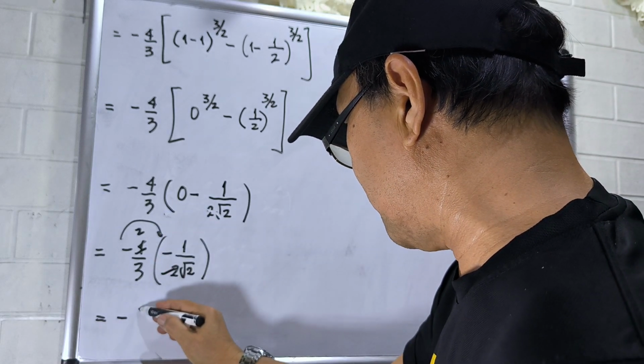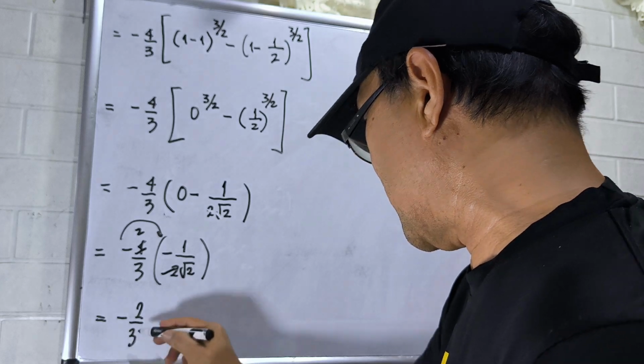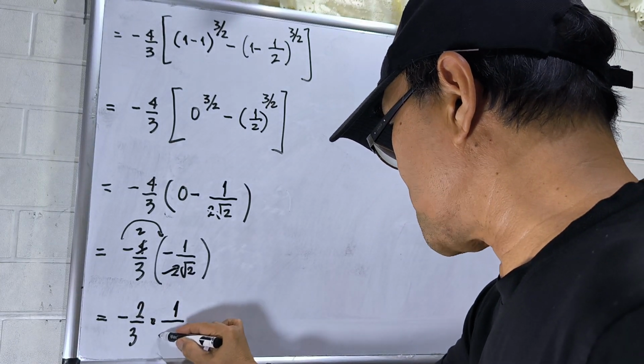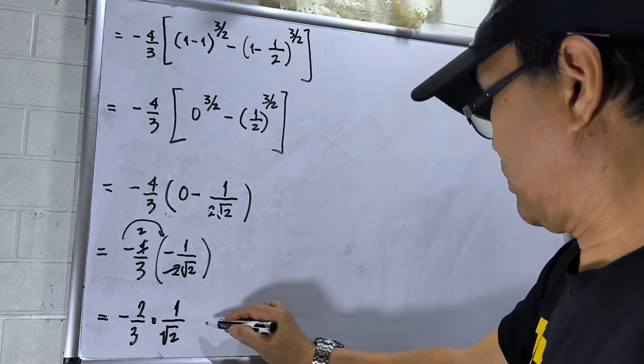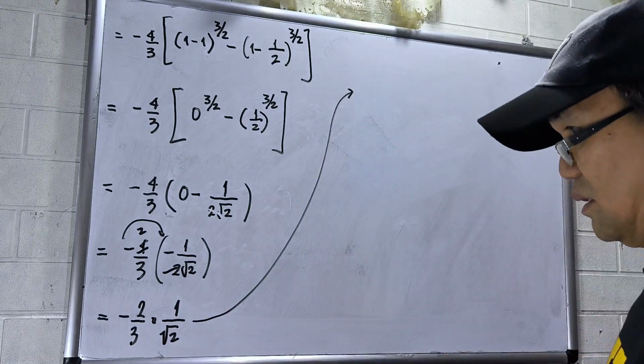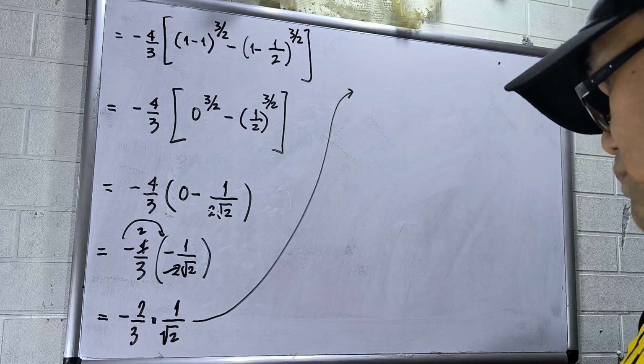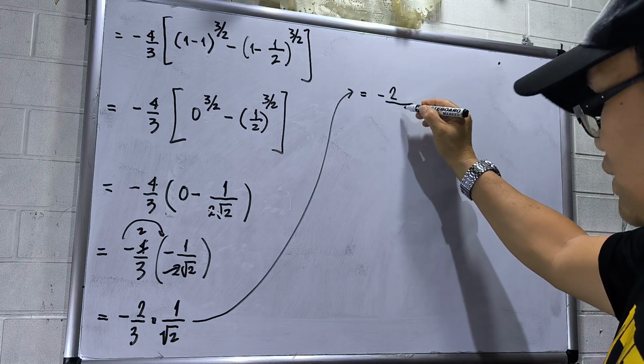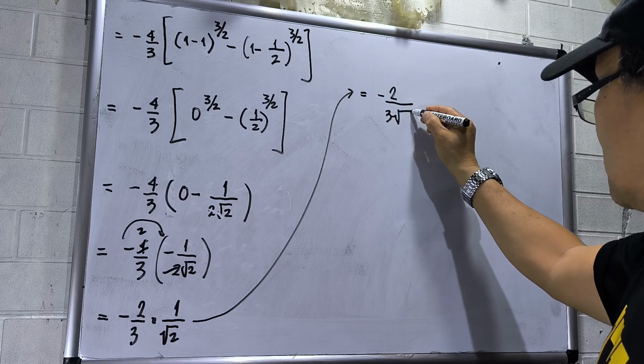So I have here 2 over 3 times 1 over square root of 2. I can write this as 2 over 3 square root of 2.